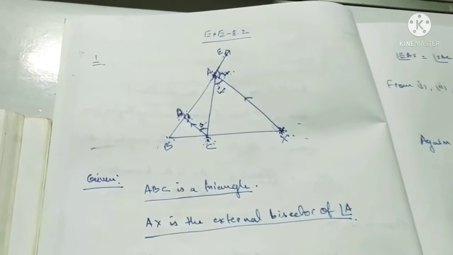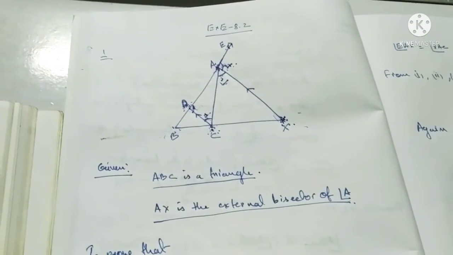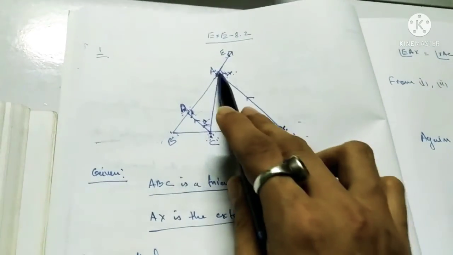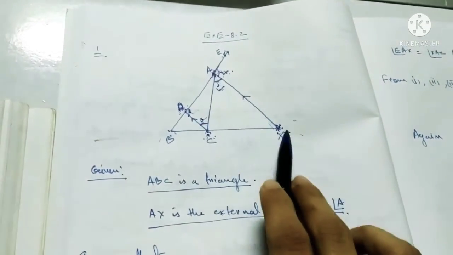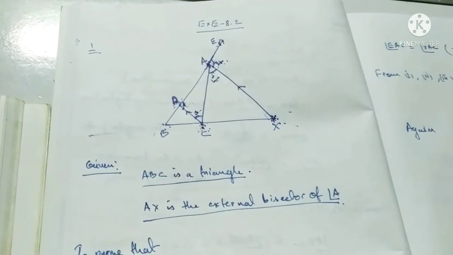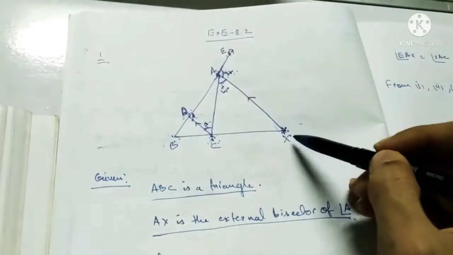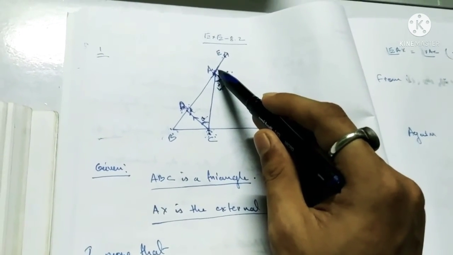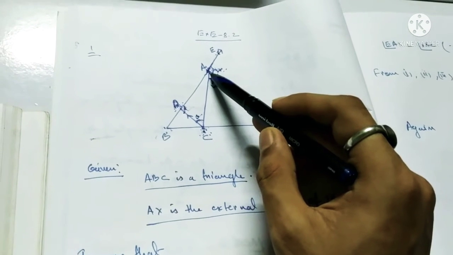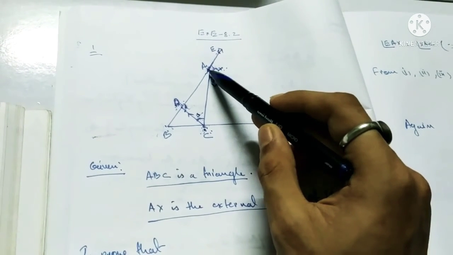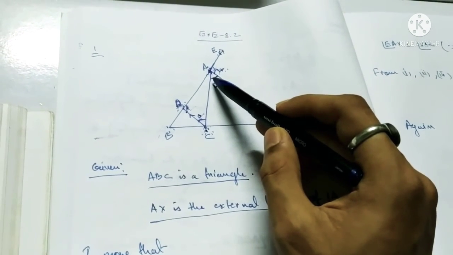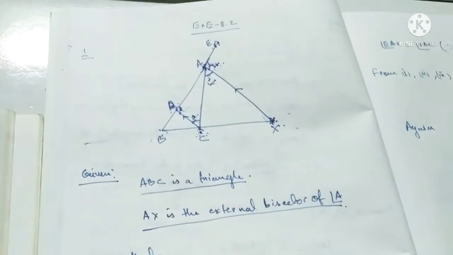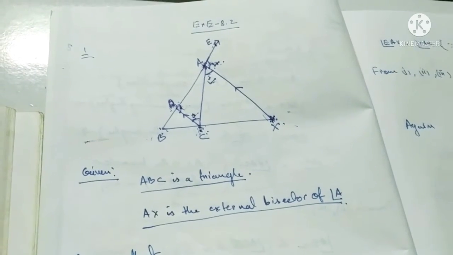One more time I am explaining. I have to prove here that the external bisector of any angle of a triangle divides the side opposite to the angle in the ratio of the other two sides.